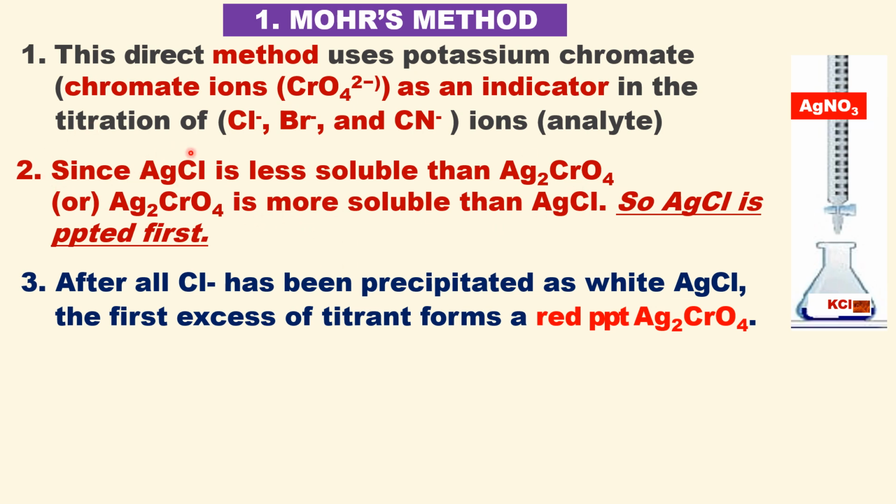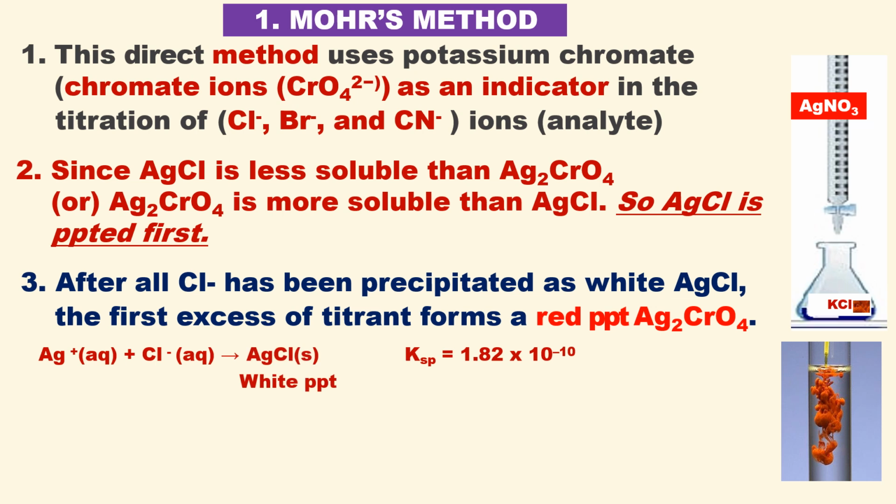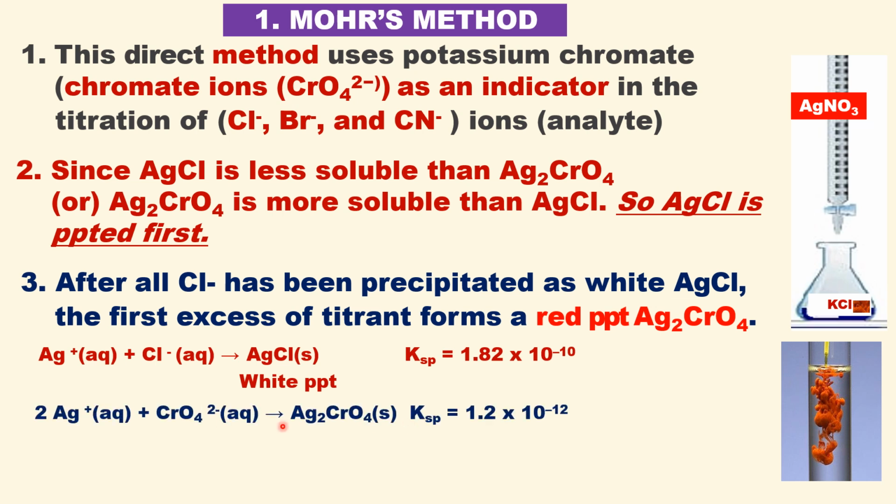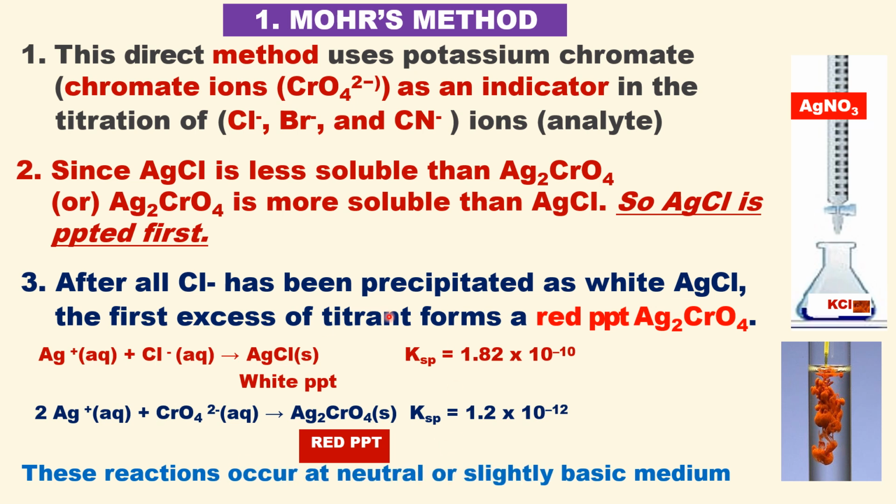But silver chloride is precipitated first because it is less soluble than silver chromate. After all the chloride has been precipitated as white silver chloride, the first excess Ag+ forms a red precipitate, silver chromate. And these reactions occur in neutral or slightly basic medium.